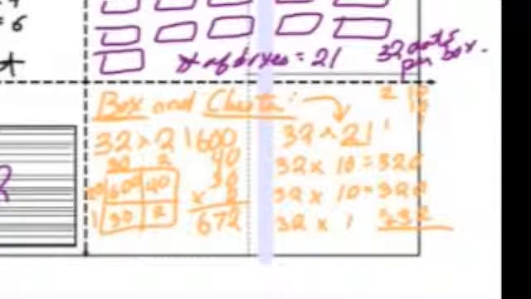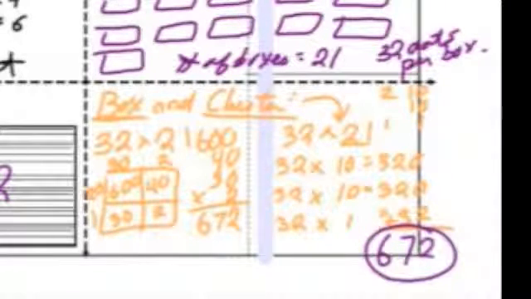So once I have those numbers, I say 32 times 10 equals 320. Same problem, same solution. 32 times 1 equals 32. If I find the sum of this whole problem, I bring down 0 plus 0 plus 2 is 2. 2 plus 2 plus 3 is 7. 3 plus 3 is 6. My solution again is 672.